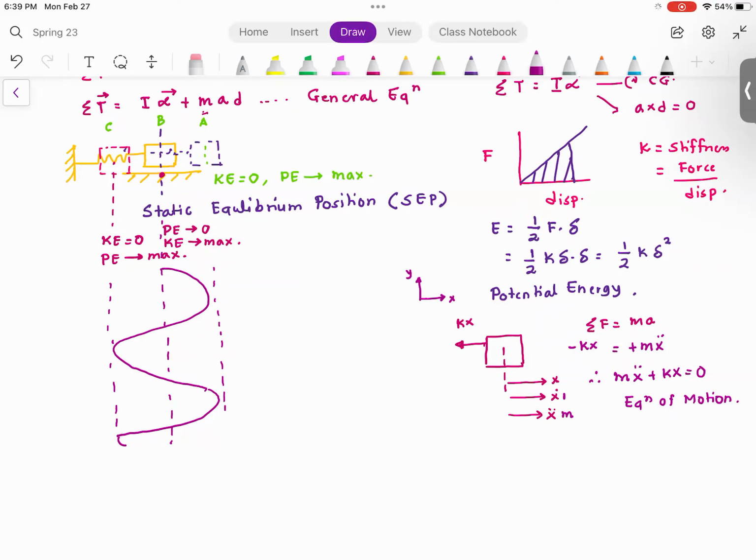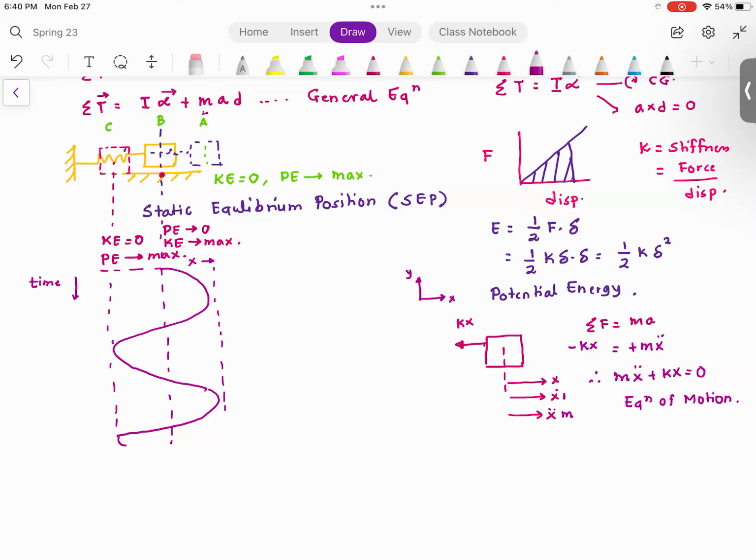Now, what do I mean by the solution of the differential equation? I want you to pay attention. If you look at this axis, this is my time axis, and this is my displacement axis. Do you agree with me? So the solution of the differential equation is the equation of this curve. And as you can see, that's a periodic signal.